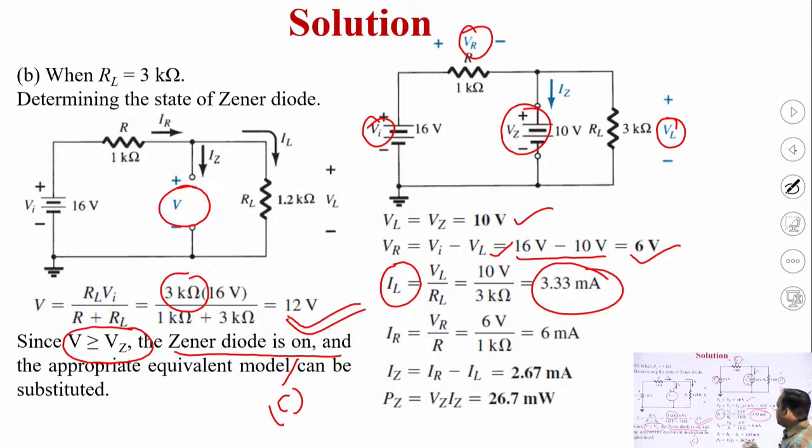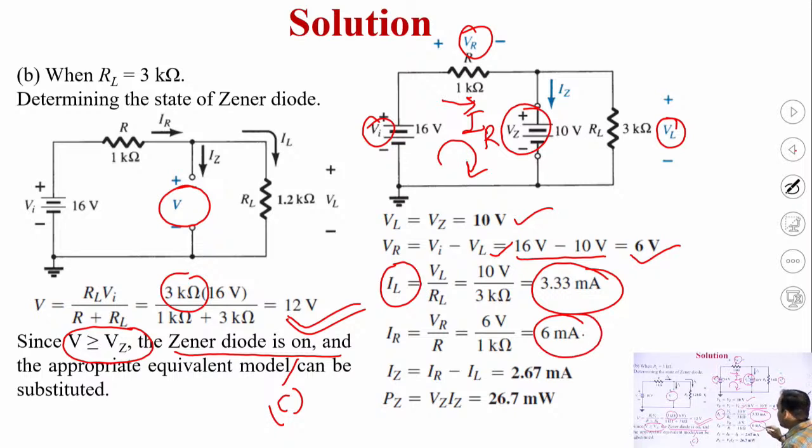So 10 volt divided by 3 kilo ohm, the result is around 3.33 milliampere. Now the current IR can be calculated by applying KVL in this loop: 16 minus 10 divided by 1, which is 6 milliamperes.